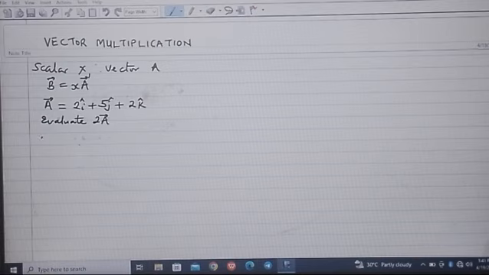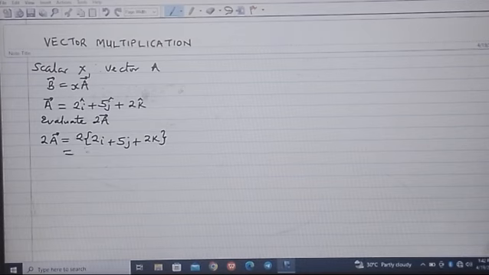So the vector 2a can be evaluated in this form. This is 2, then you open the bracket to write the vector 2i plus 5j plus 2k.